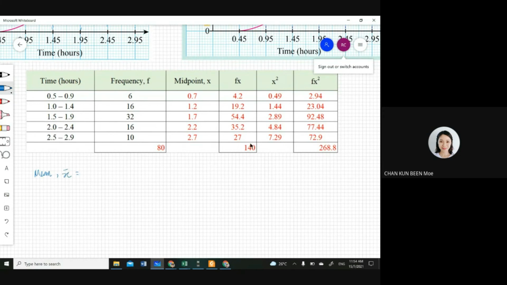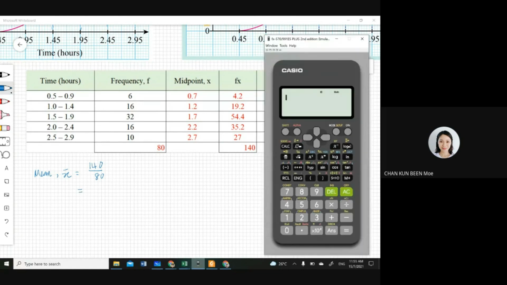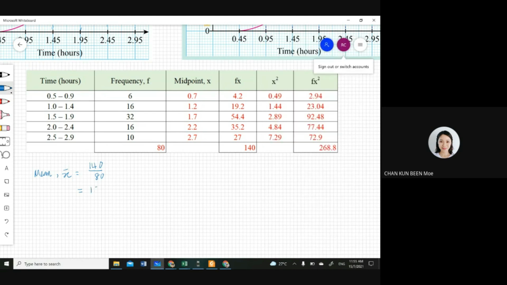The total fx, right? 140. Yes, over the sum of total f. Correct. The sum of f is 80. After that, you are going to calculate. So 140 divided by 80. You can check. It is equal to 7 over 4. That is 1.75. Okay, our first one, the mean, is already done.